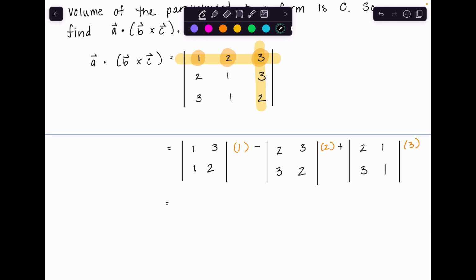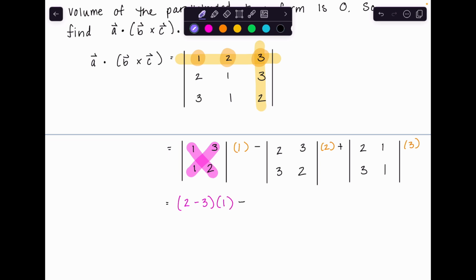Now I can just jump into going through this. The result in this case, remember, is not a vector because we don't have i, j, or k left over. So I can't just write a vector now. Instead, we're going to do product minus the product. So that gives us 2 minus 3 times 1.